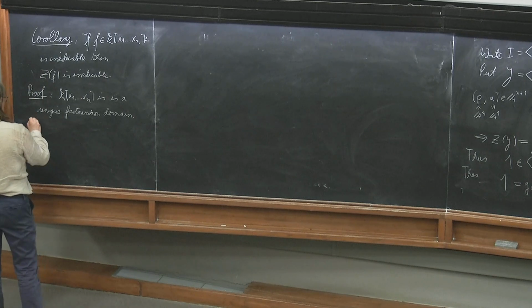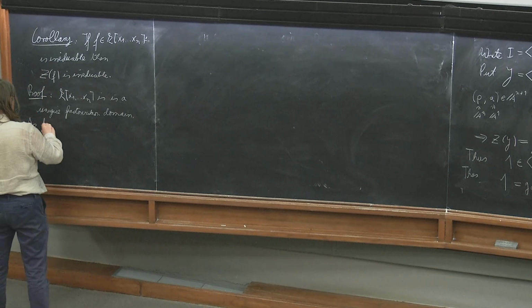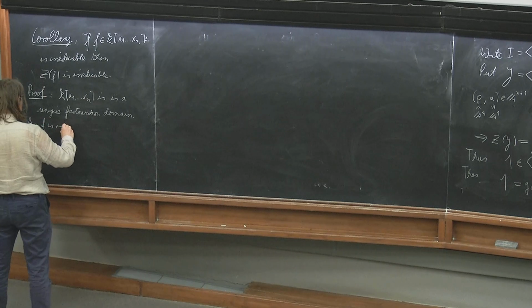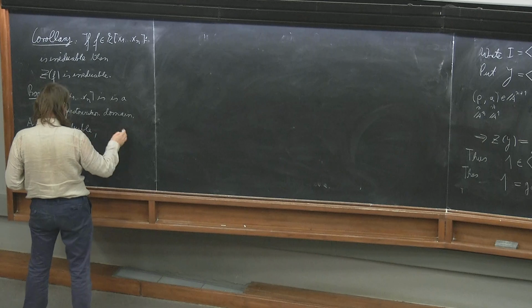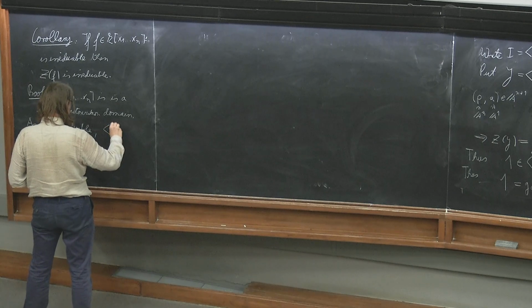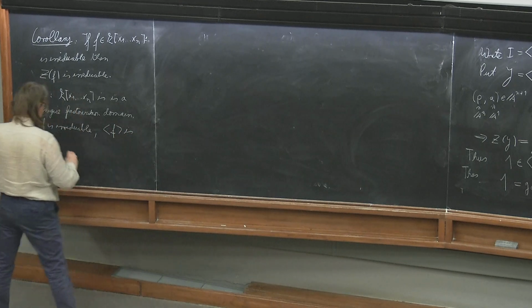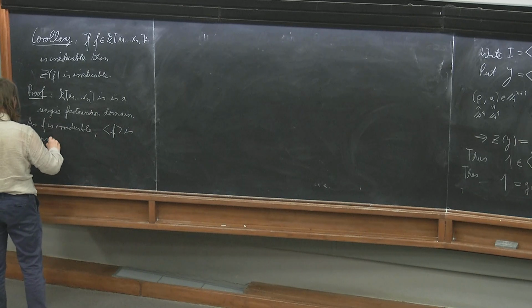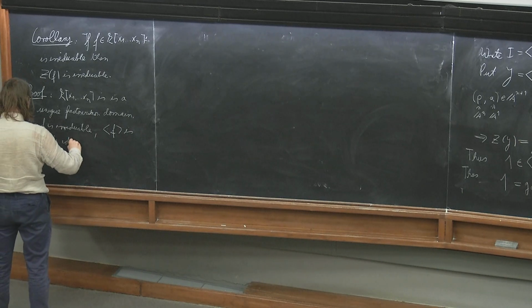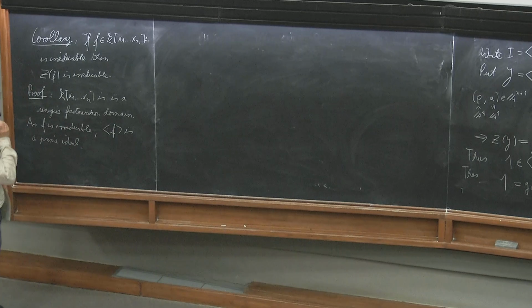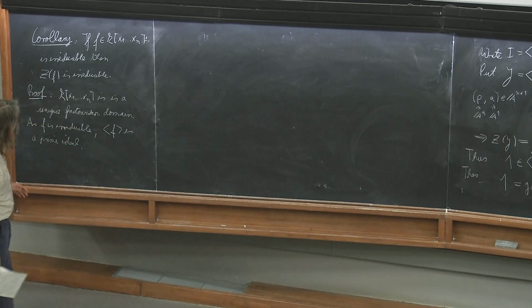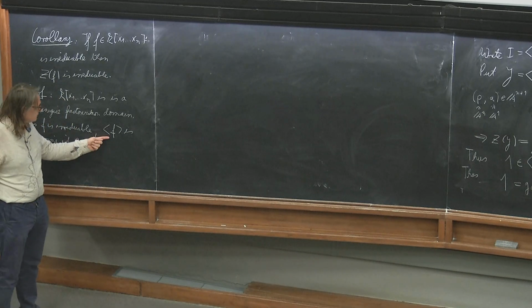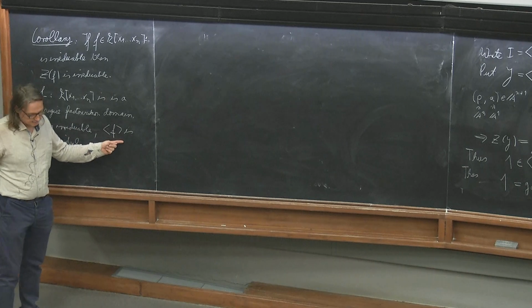So as f is irreducible, we have that (f) is a prime ideal. And now, if you look at the definition, prime ideals are automatically radical ideals.